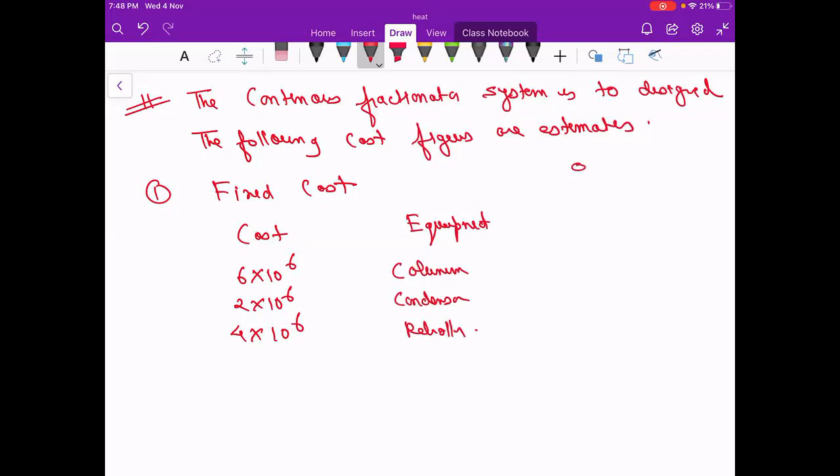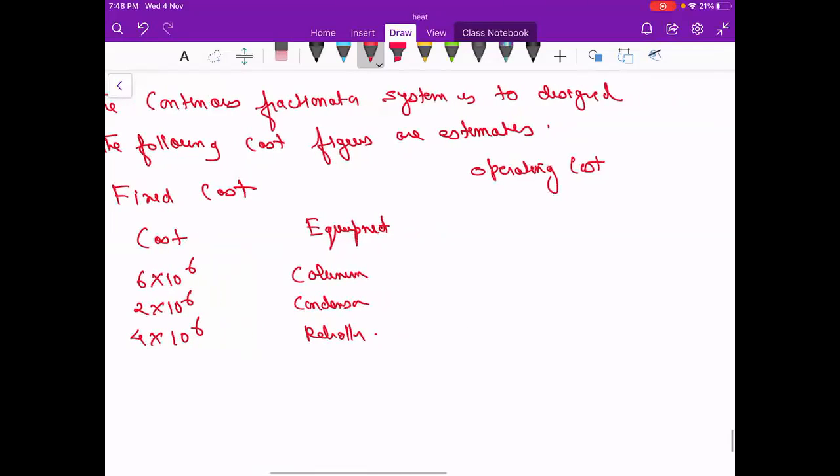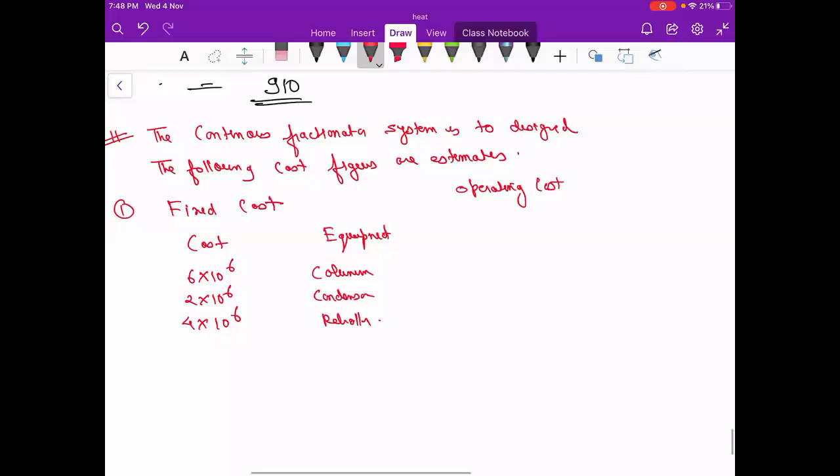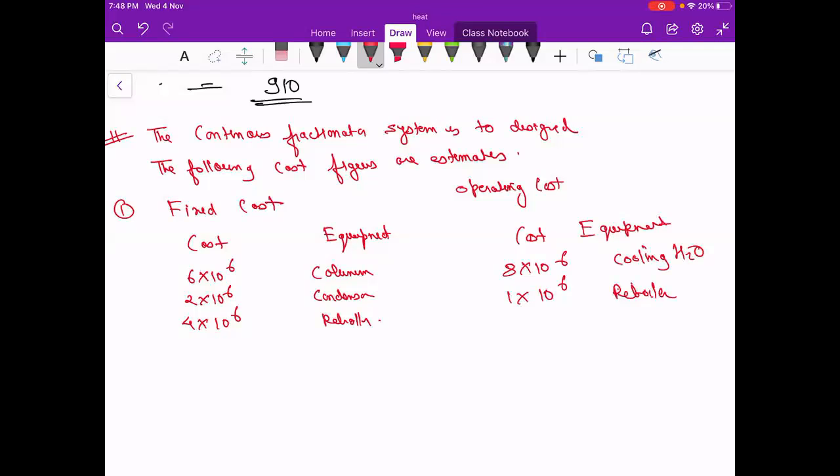Next is operating cost. Again the same thing: equipment and cost. Cost is 8 into 10 to the power 6 and 1 into 10 to the power 6, for cooling water and reboiler.